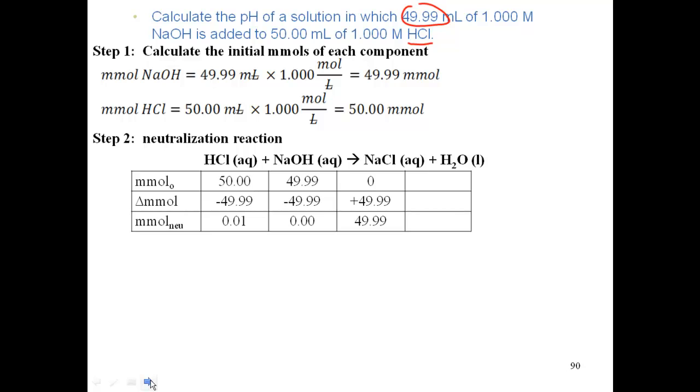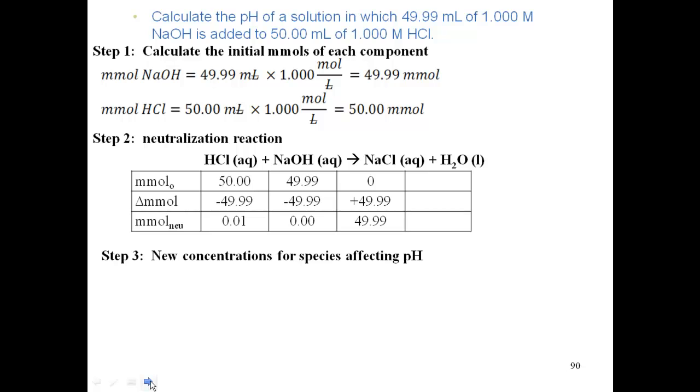I'm going to use the smaller number since it's a 1-to-1 mole ratio; that's my limiting reagent, so 49.99. Once again, I have minuses on my reactant side and pluses on my product side, which gets me, after neutralization, 0.01 millimoles of HCl, 0 millimoles of sodium hydroxide, and 49.99 millimoles of sodium chloride.